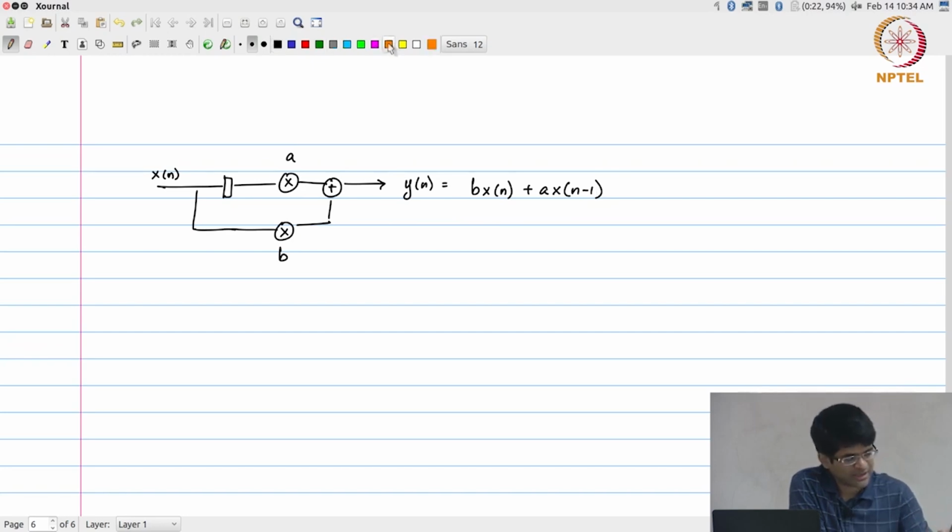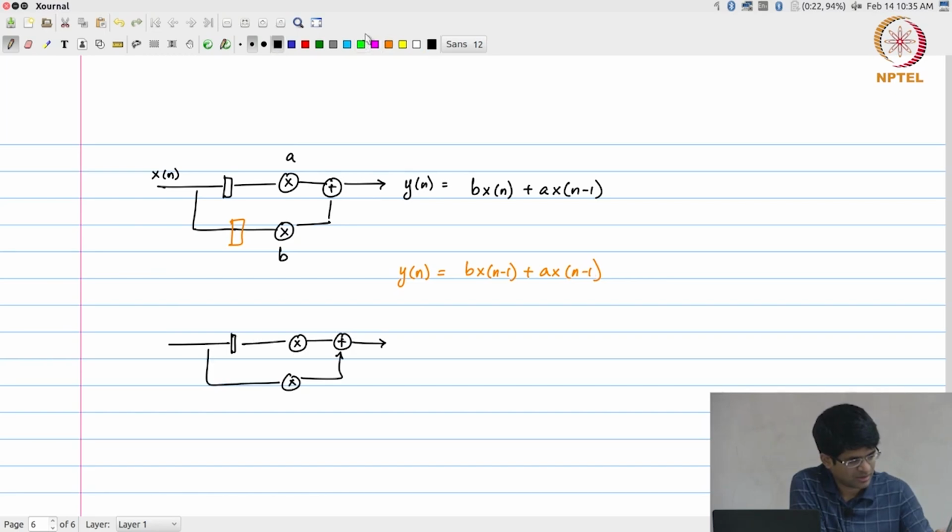Now, what happens if I just arbitrarily introduce one register over here alone? This changes the equation to y of n equals b x of n minus 1 plus a x of n minus 1. This is a fundamentally different filter. I have changed the entire notion of what its transfer function looks like, so I cannot do this. But on the other hand, supposing I introduce one over here and one over here.